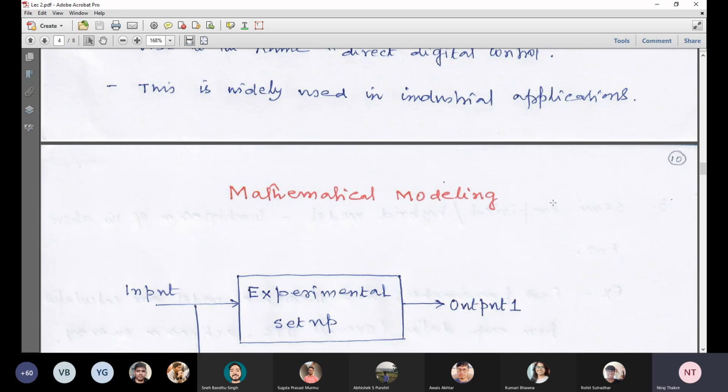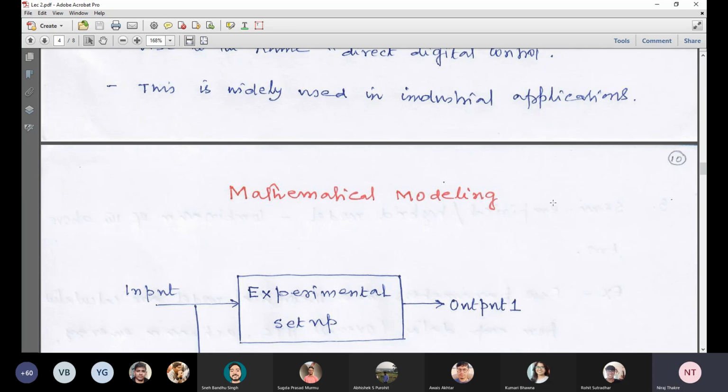We give some input to this experimental setup. You can say raw material we introduce, and then we get some output from that experimental setup.